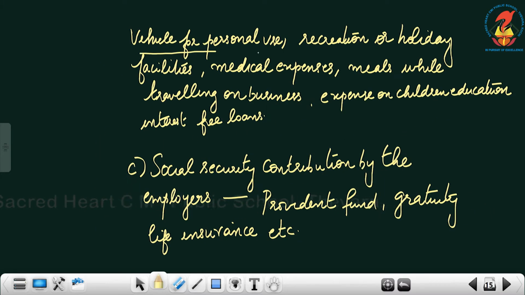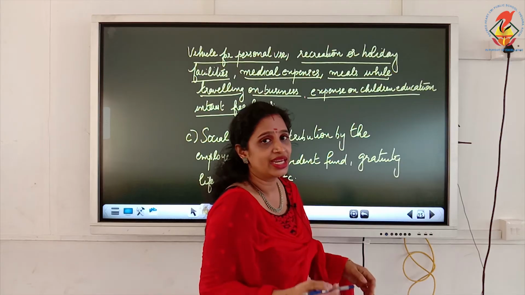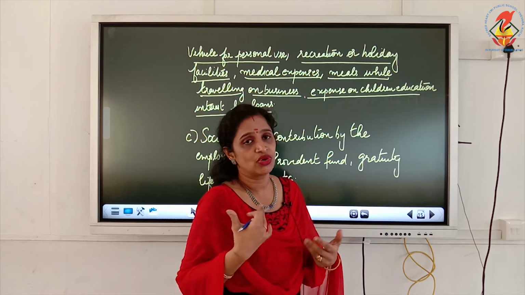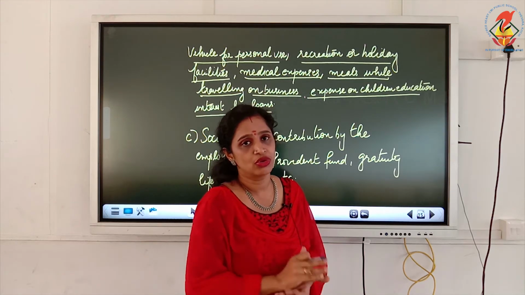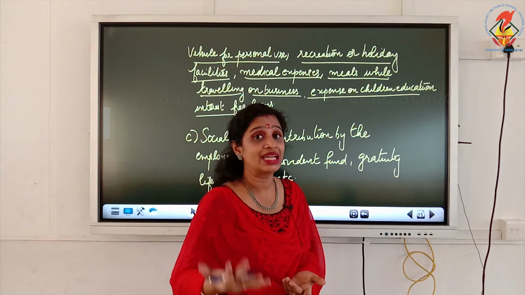Then comes vehicle for personal use, recreation or holiday facilities, entertainment where the company will bear the expense, medical expenses, meals while traveling on business, expense on children's education, interest free loans. If you have taken a housing loan or vehicle loan, the interest will be provided by the company. These are the wages and salaries in kind.